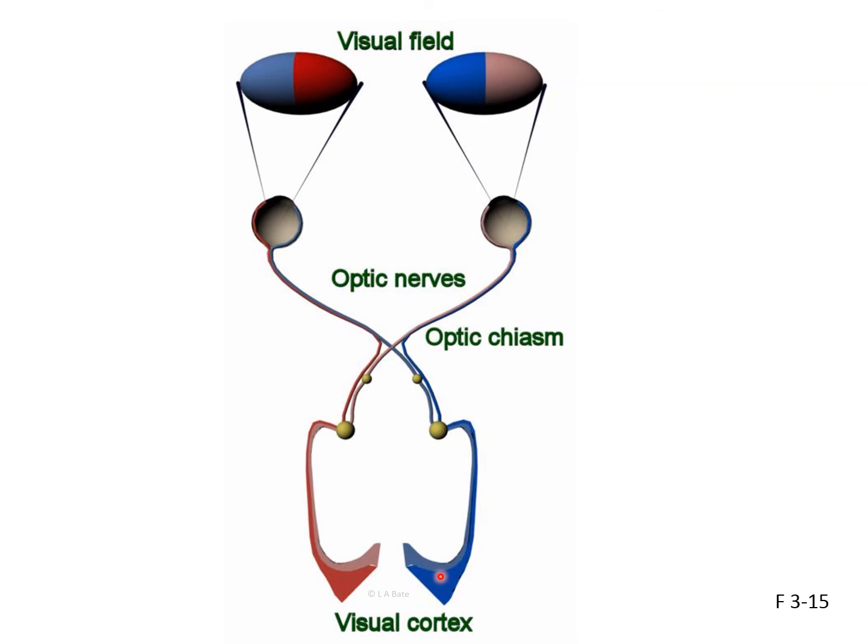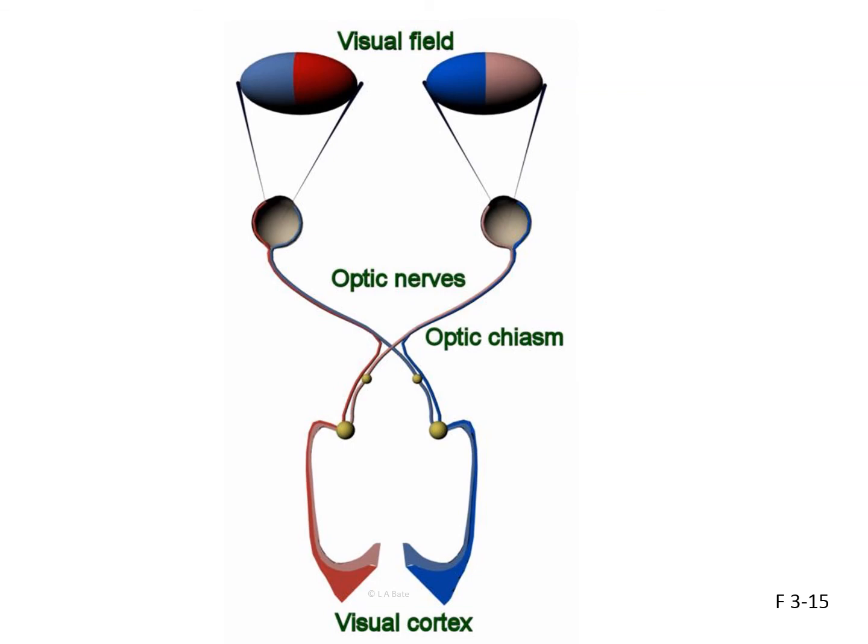The nasal side of the right eye sees the right side of the object, and this information travels to the optic chiasm, where it crosses to synapse in the left side of the thalamus, and from here to the visual cortex located in the left hemisphere of the cerebrum.